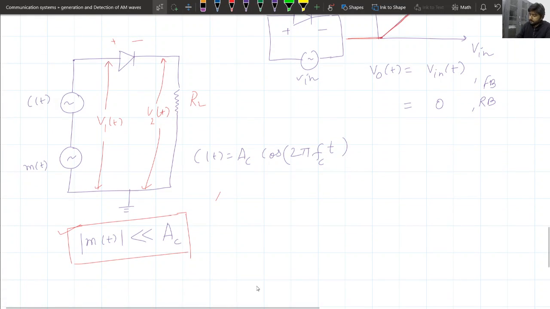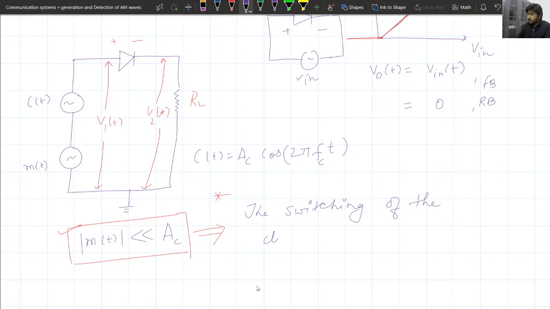We can write here. This implies that the switching of the diode will depend on the polarity of carrier wave ct only.